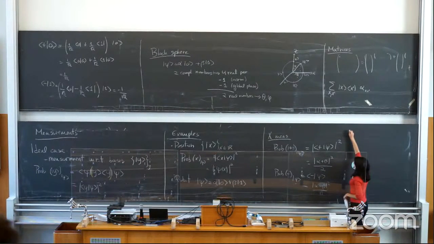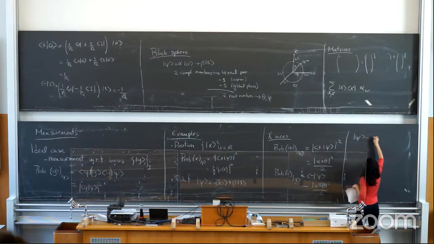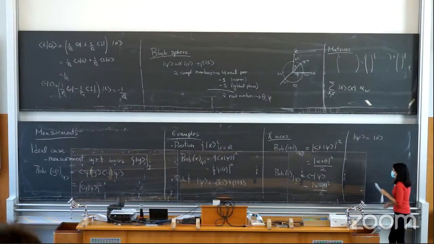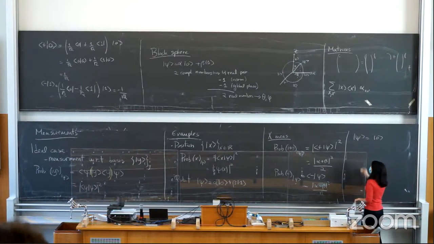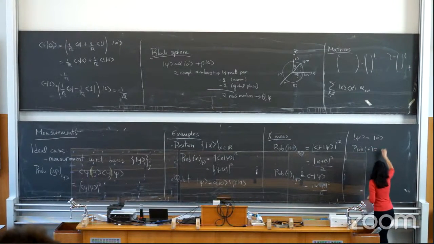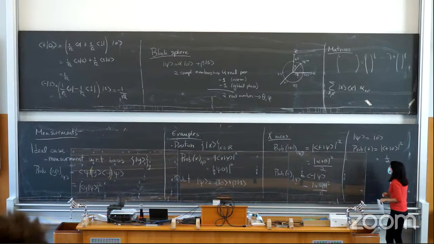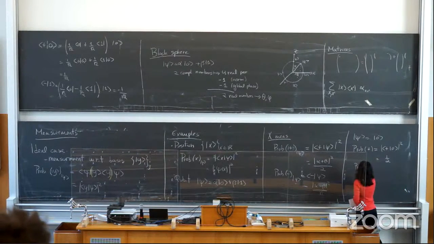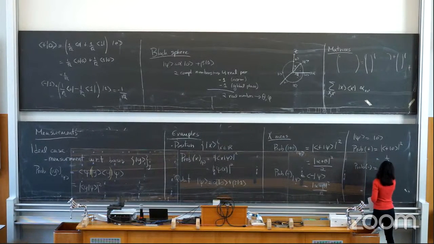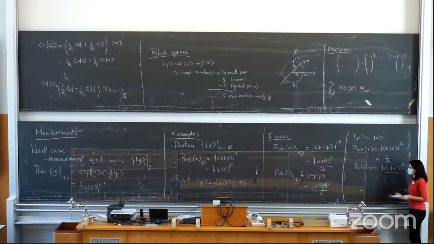So to be even more specific, suppose that now my state is just the 0 state, so in the z basis, and I ask, if I measure it in the different basis, in the x basis, what's the probability of getting plus? Well, that's just this square, and this we saw was 1/2. And the probability of getting minus is 0 squared, which is 1/2, and of course the two probabilities sum up to 1.